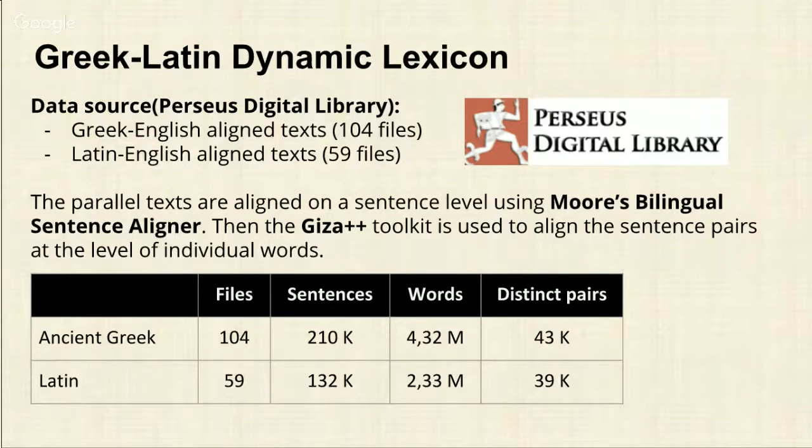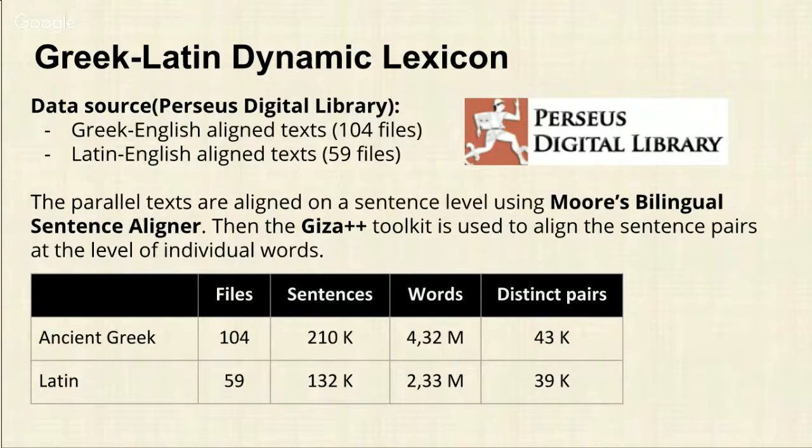So we have on the digital library a set of translated documents, Greek-English and Latin-English: about 104 works Greek-English, and about 59 Latin-English. These texts are parallel, and we used Moore's bilingual sentence aligner to align them at the sentence level.